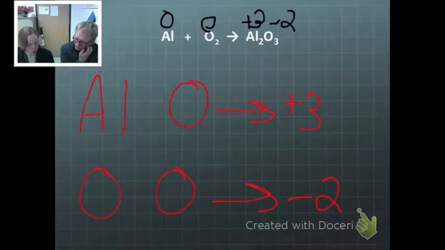The oxidation number on the aluminum went up, so the aluminum was oxidized, because up is oxidation. And the oxygen started at 0 and went down to -2, so it was reduced. Awesome.